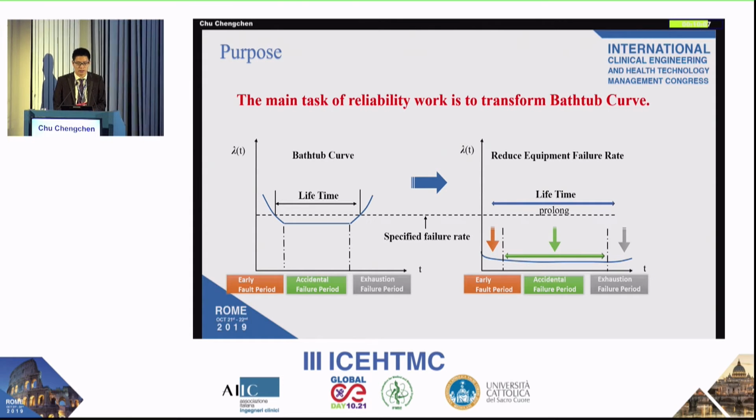The accidental failure period is when the failure rate drops to a low level and is in a stable state after the products have been in use for a period of time. The exhaustion failure period is when the failure rate rapidly increases after products are used for a long time. The failure of the products in this period is mainly caused by aging and wear.